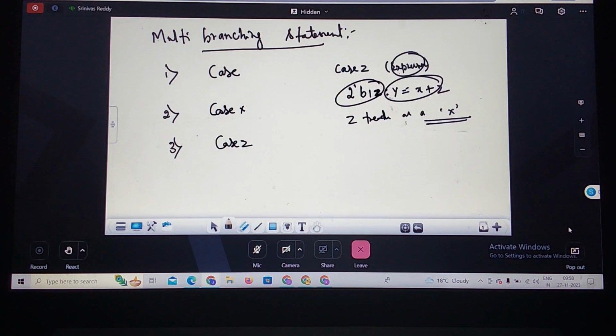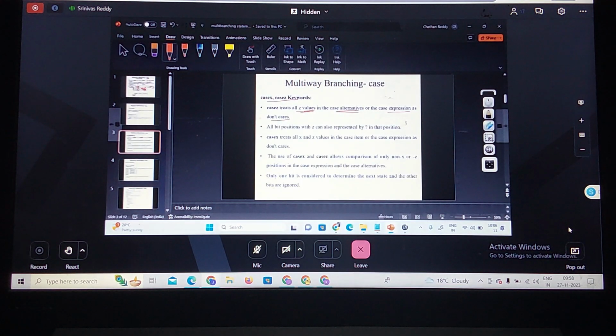Case Z treats all the Z values in the case alternatives or the case expressions as don't care. Even if you write Z in the expression or alternatives, it is going to treat it as don't care, which is nothing but X. All the bit positions with Z can also be represented by a question mark.